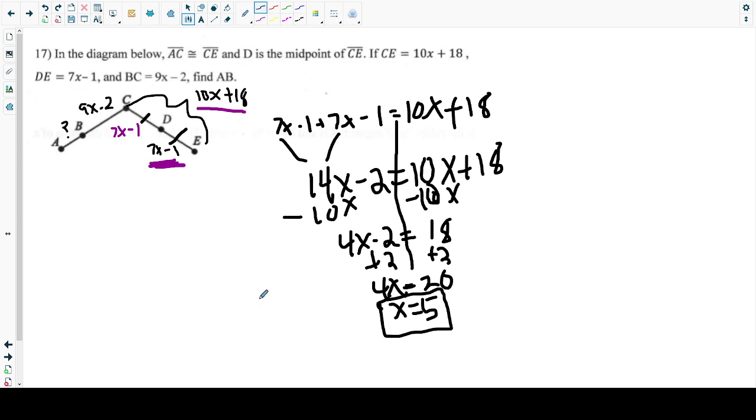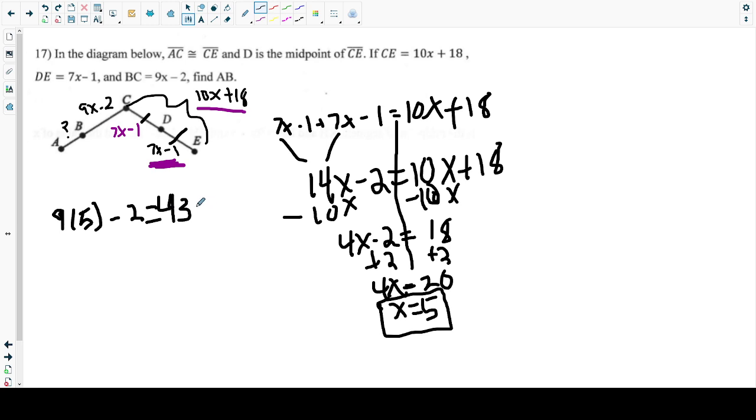So first thing I might be interested in doing, because you might be wondering, where do I plug in the x now? Because there's a bunch of places to plug it in, and I don't really have any direction. Well, if I want to find AB, I want to start knowing about how big this side is. Well, a good thing to do would probably be plugging 5 into the 9x minus 2. So 9 times 5 minus 2 would be 45 minus 2, which gives us 43.